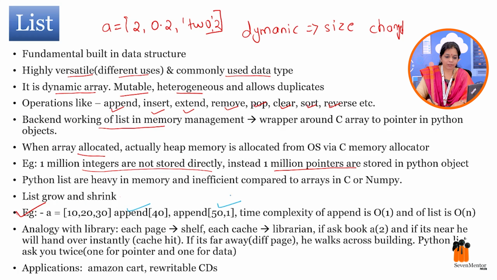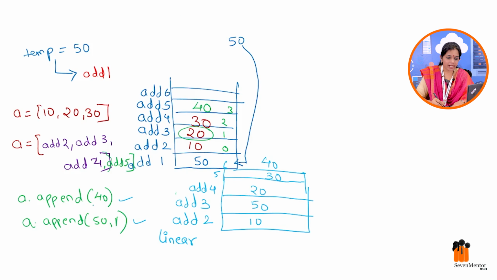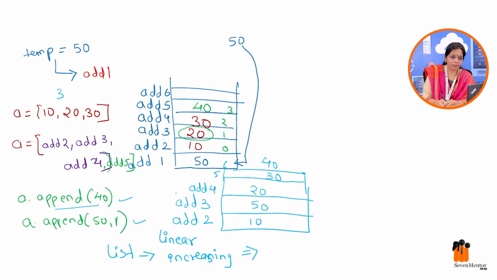But at the operation level, at the same time the list size is increasing. By how much? Let's say the length is n here. This is 3. So it is increasing by n.